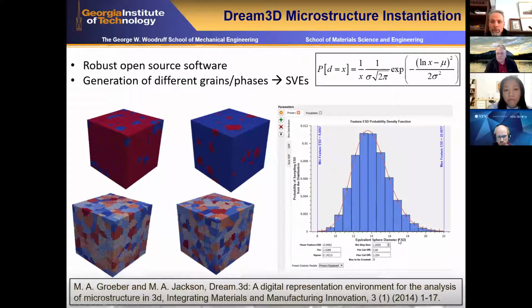We use Dream 3D, which is an open source tool for building microstructures.